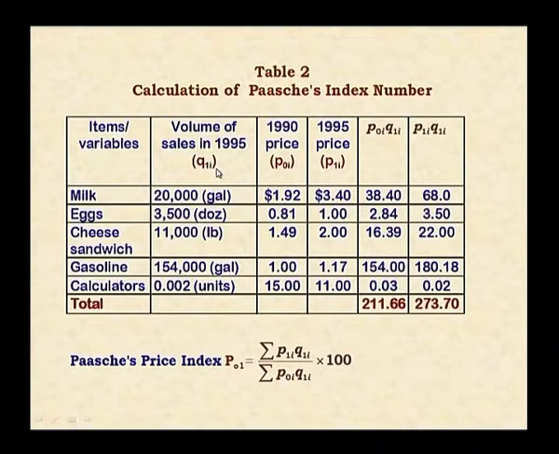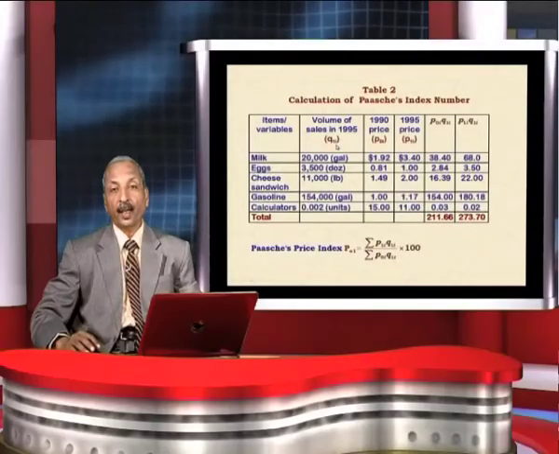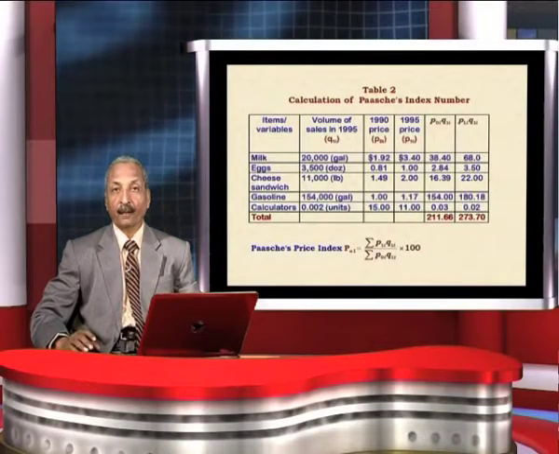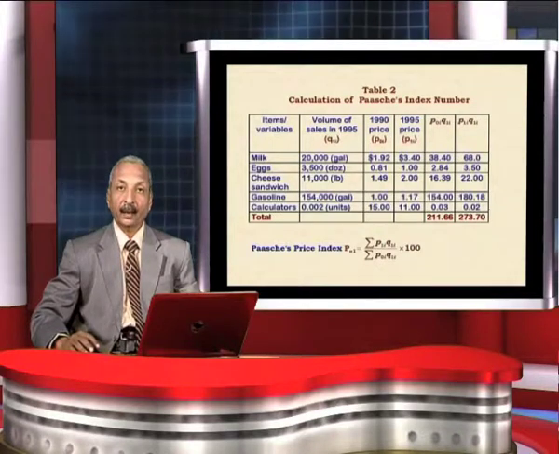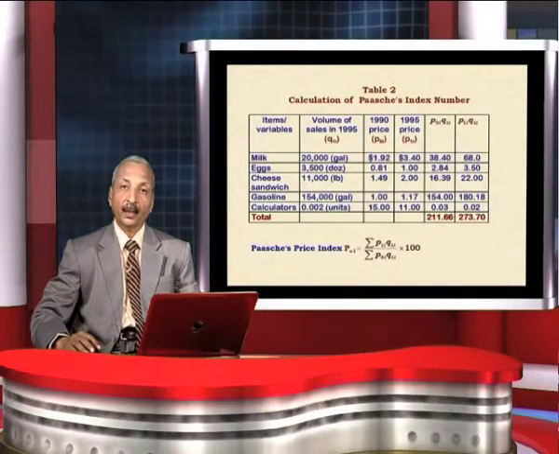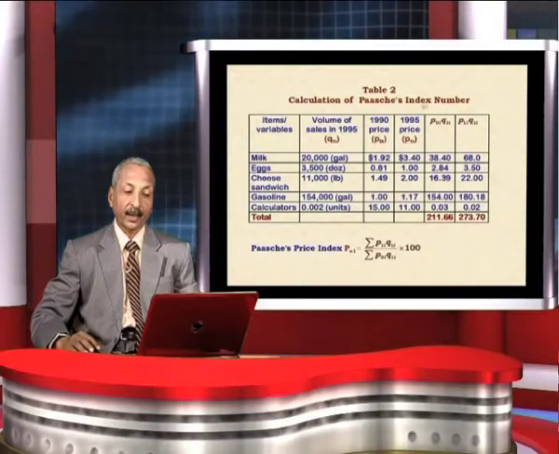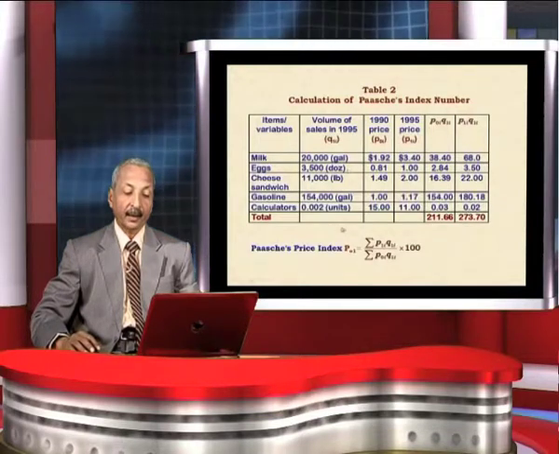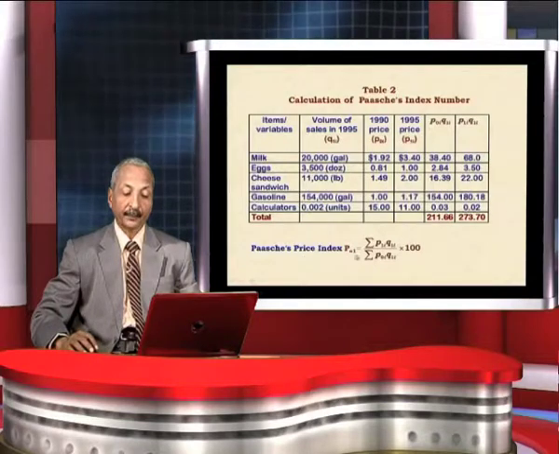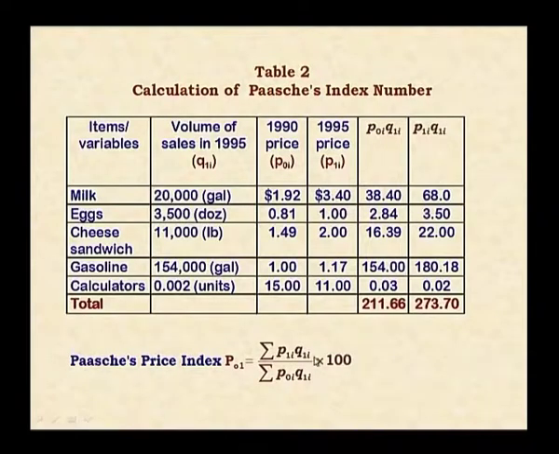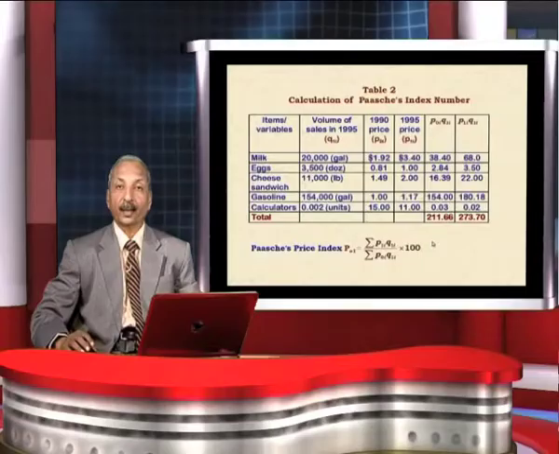While constructing the Laspeyres index number, we have considered the quantities of the base year, whereas in this construction we take the quantities of the current year, that is of the year 1995, and then by using the Paasche formula, which we know is sigma P1i times Q1i, and the value of this factor is 273.70, divided by the factor sigma P0i Q1i, which is 211.66. So, this will give me the value of the Paasche index number.